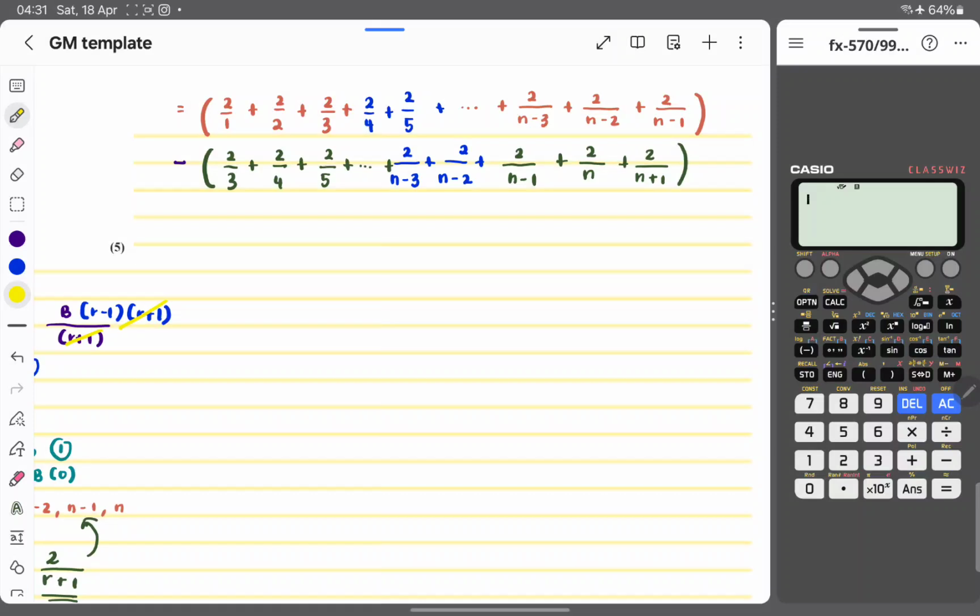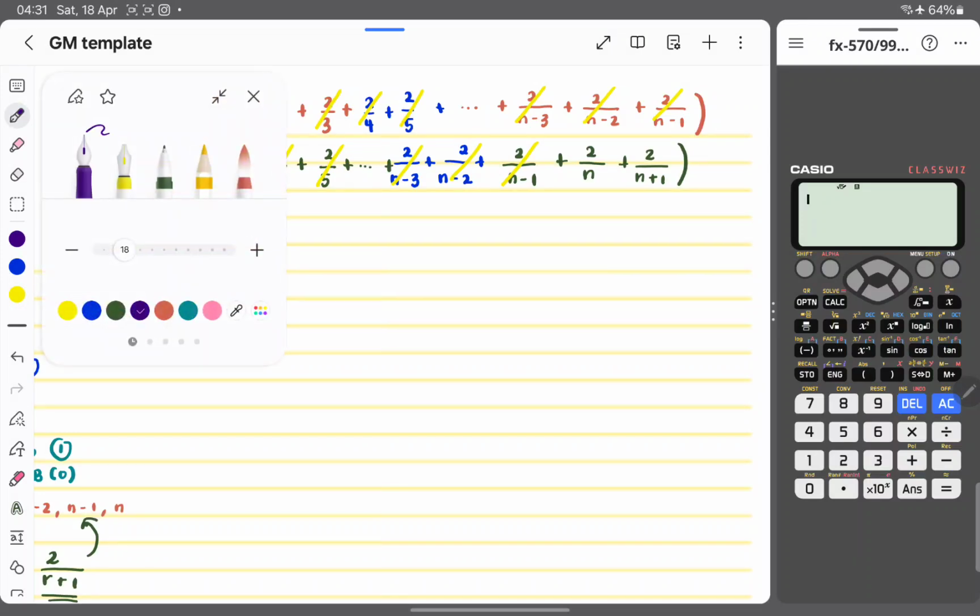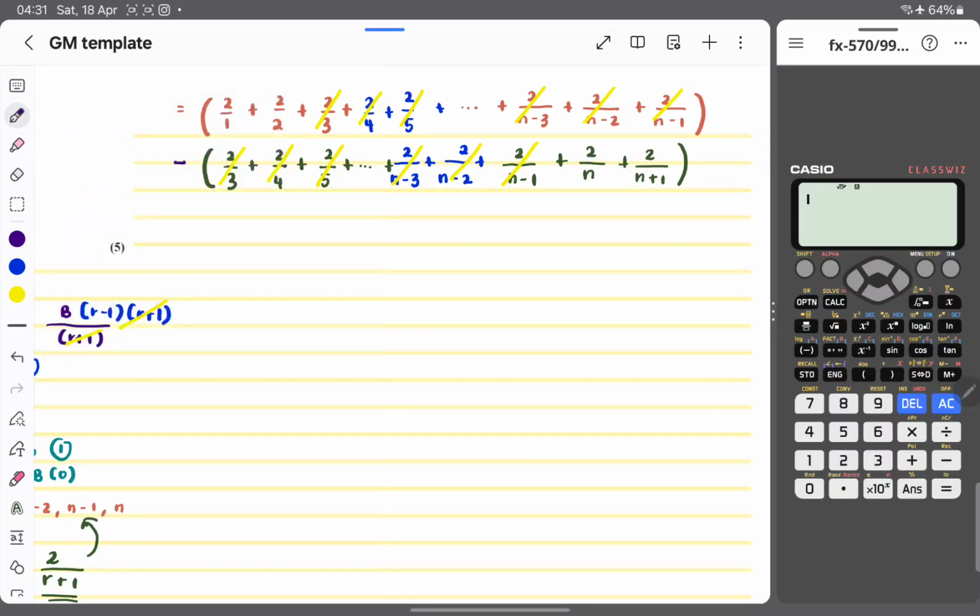Okay, let's start cancelling. 2 over 3 can be cancelled by 2 over 3, 2 over 4, 2 over 4, 2 over 5, 2 over 5. Now, we can just write down all the balanced terms.